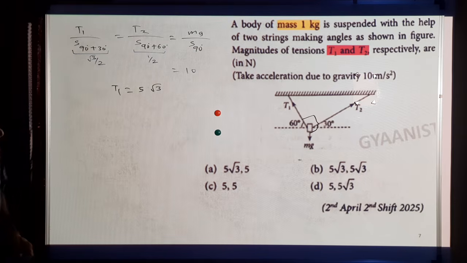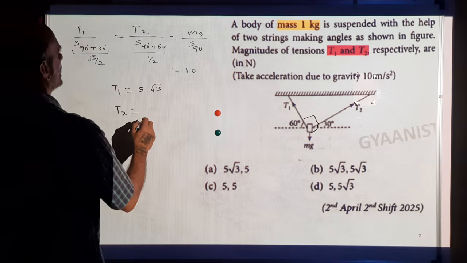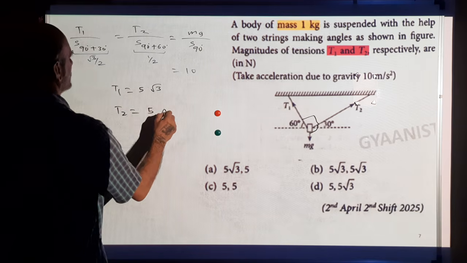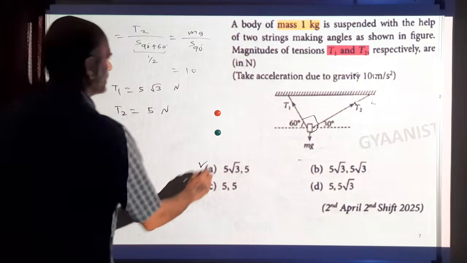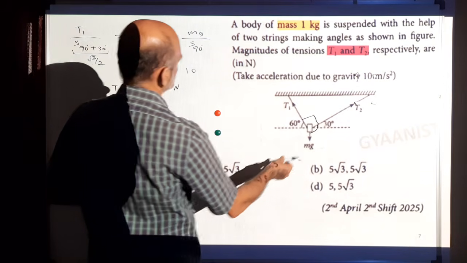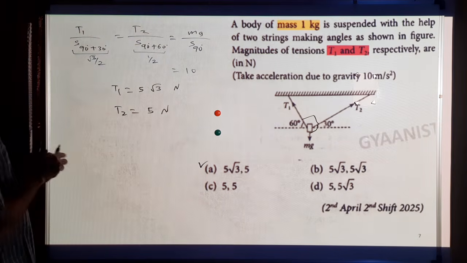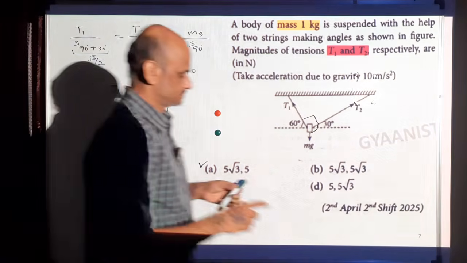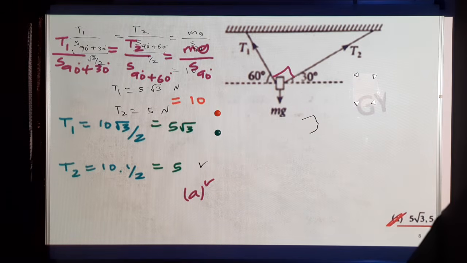And then the second tension T2 is half of 10, so it's 5. T1 is 5 root 3. The string which is more vertical should take more load, this one is more horizontal. So T1 is 5 root 3 and T2 is 5. Option A is the correct answer.